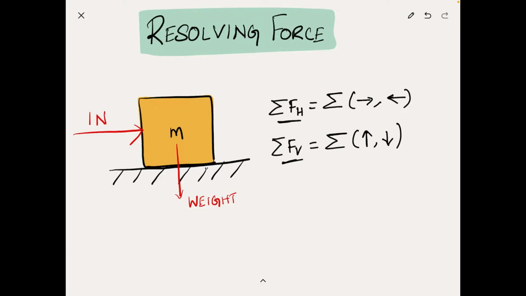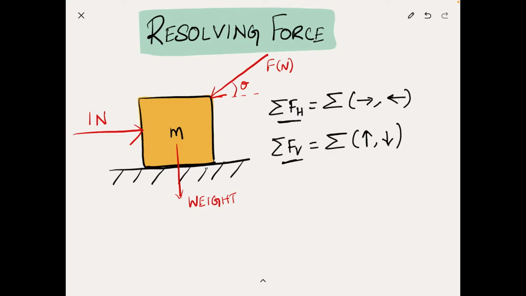Now what if there is a force which acts on a body in this manner? Now this is a bit inclined force. Let us call this F newtons. It has a certain angle, theta.